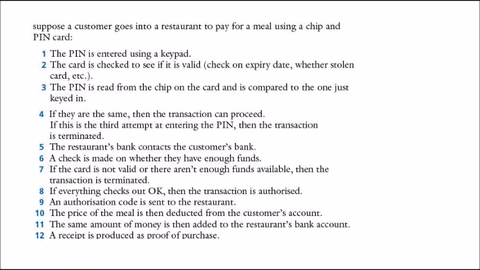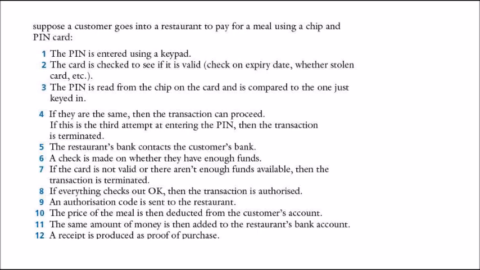Now, suppose a customer goes to a restaurant to pay for a meal, or to some shop, and wants to use their chip and PIN card. These are the steps of how it is done. The PIN is entered using the keypad. The card is checked to see if it is valid, whether the expiry date has passed or it is stolen.